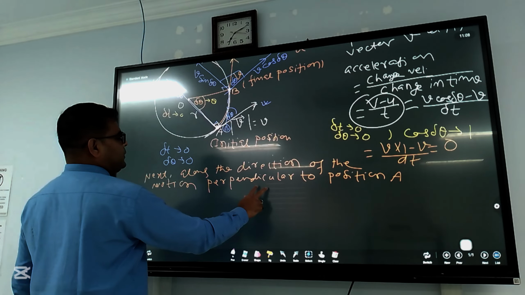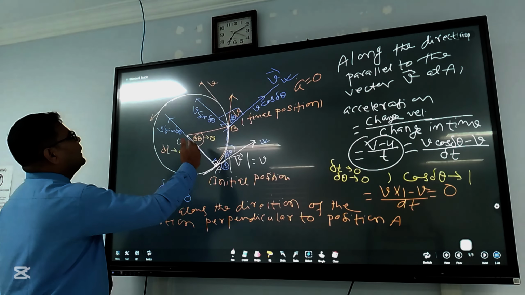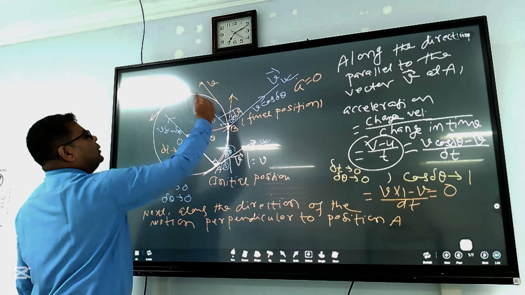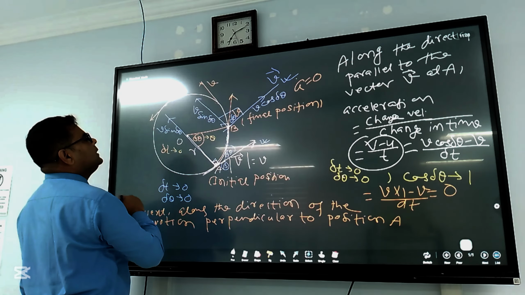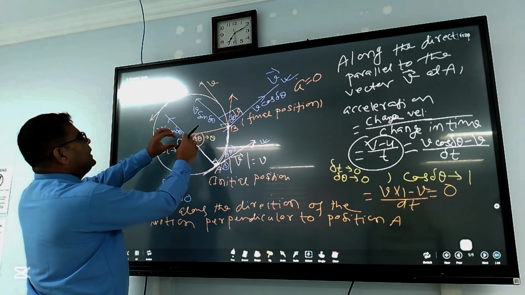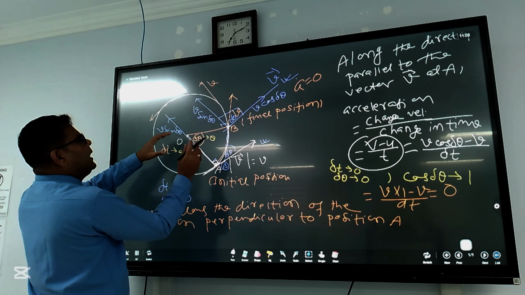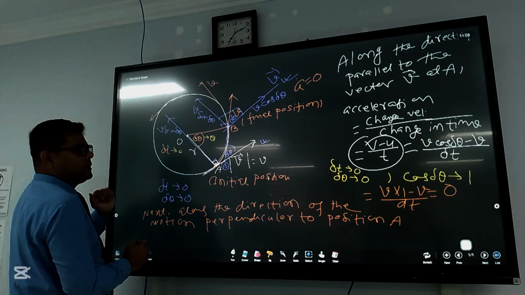So in that case, B is the final position and this is the initial position. As del theta is very small, B and A are very close to each other in this case.